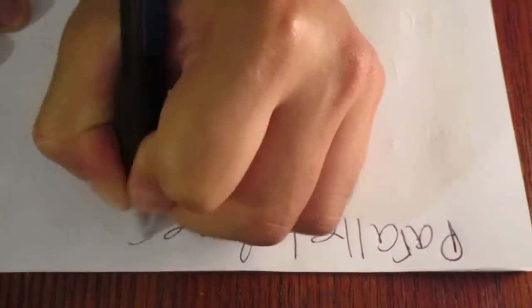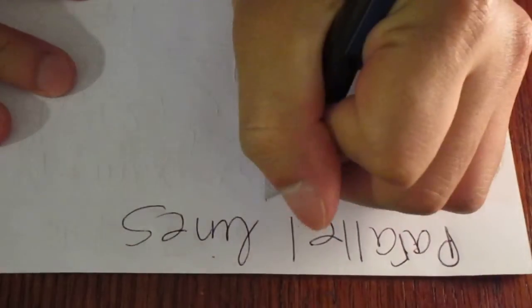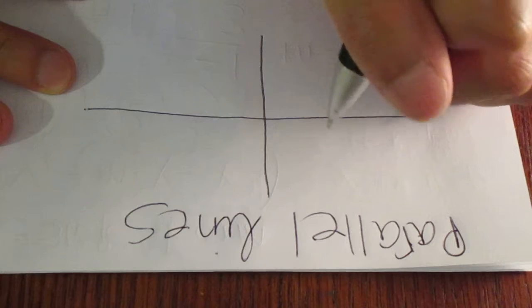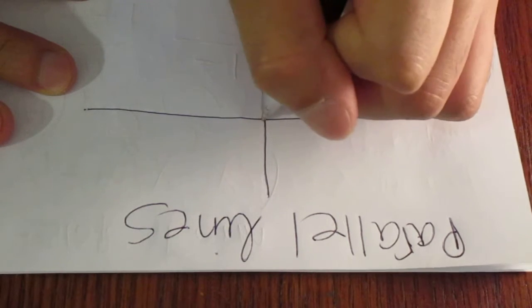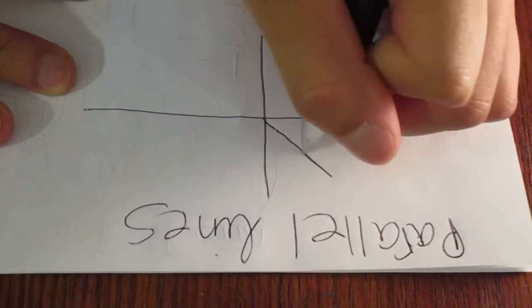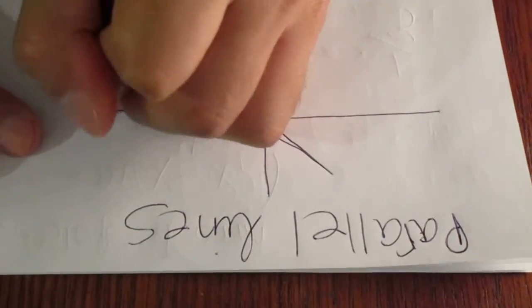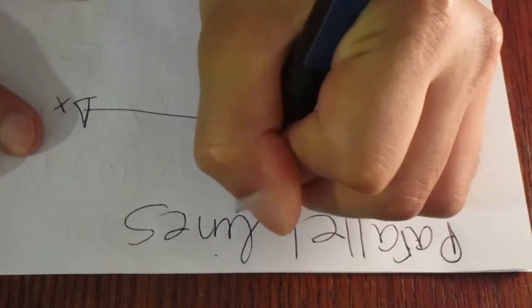parallel. Does that sound familiar, parallel lines? So it basically means we want to find another linear equation that is parallel. So here's x and y.